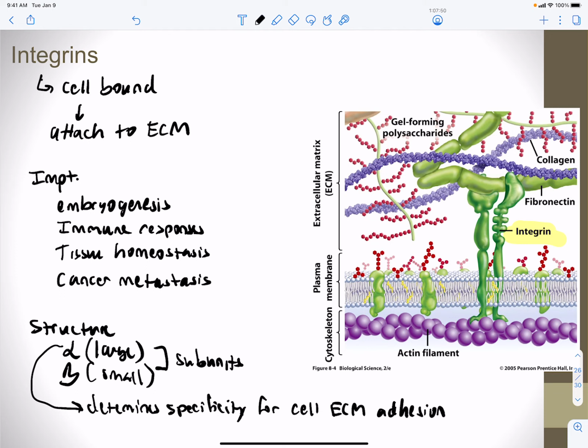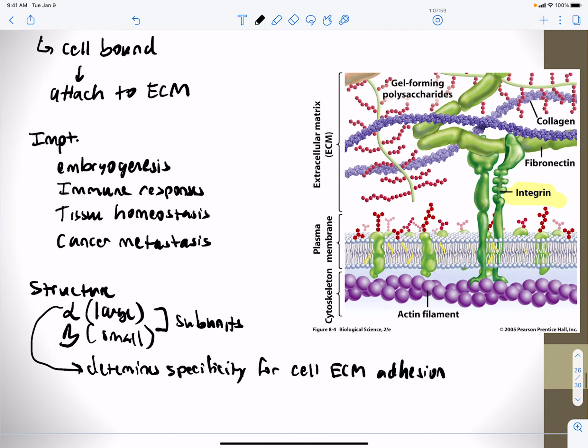So for integrins, the extracellular components that can be bound are going to be things like fibronectin, collagen, laminin, vitronectin, glycoproteins.